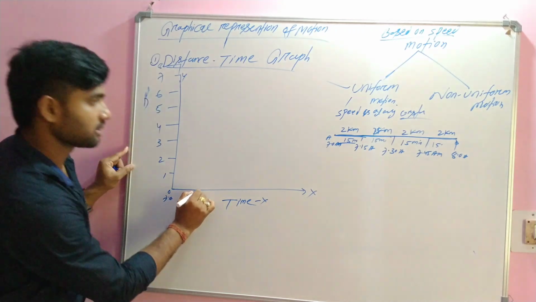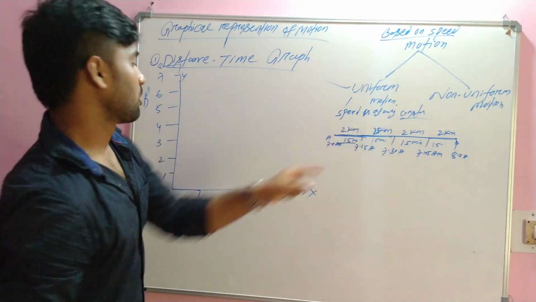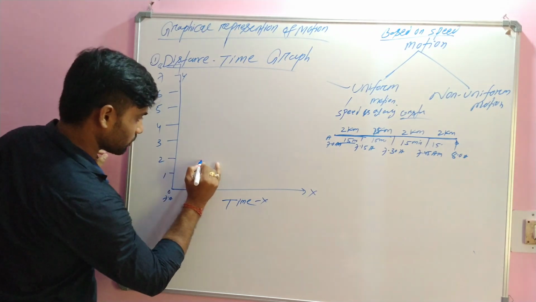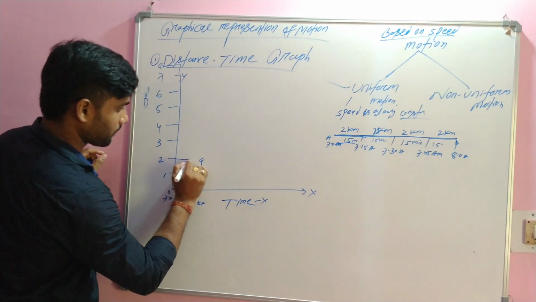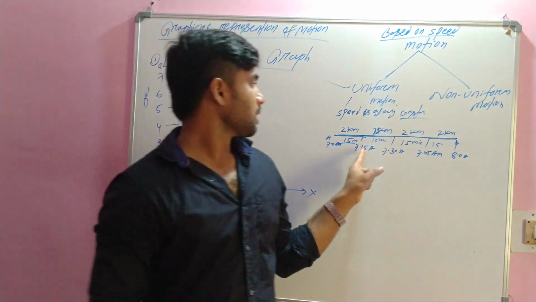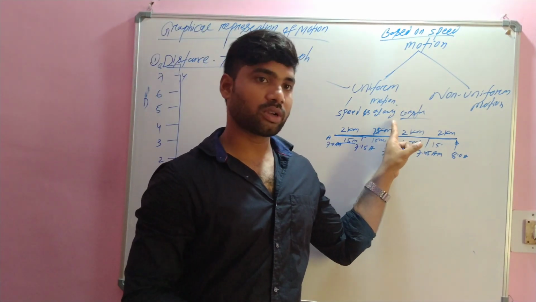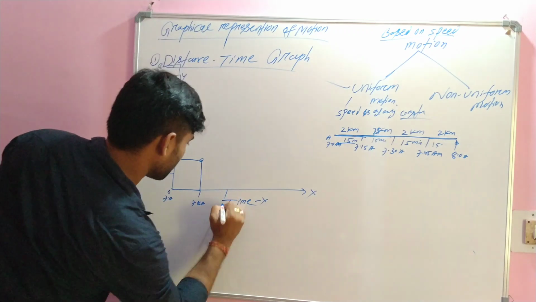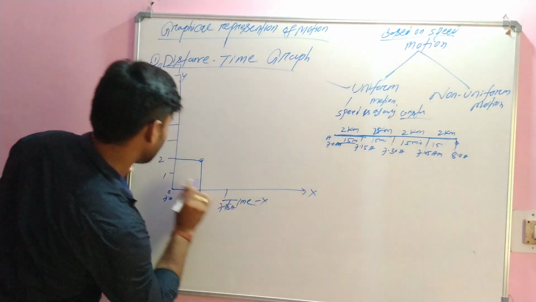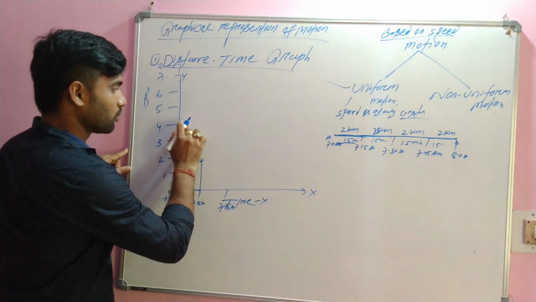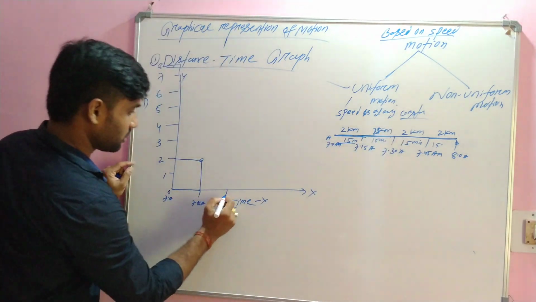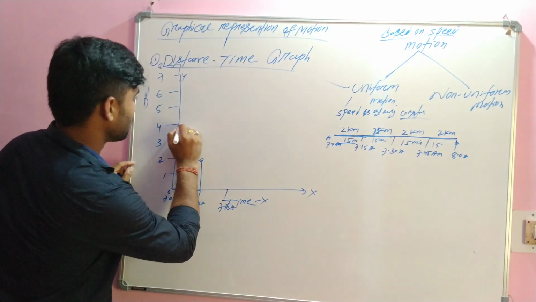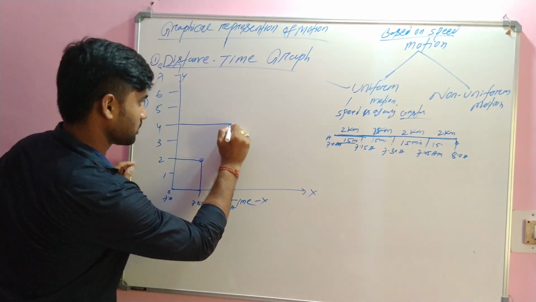In 15 minutes, the object covered 2 km. In the next 15 minutes, it covered 2 kilometers more. At 7:15 a.m., the total covered is 4 km.